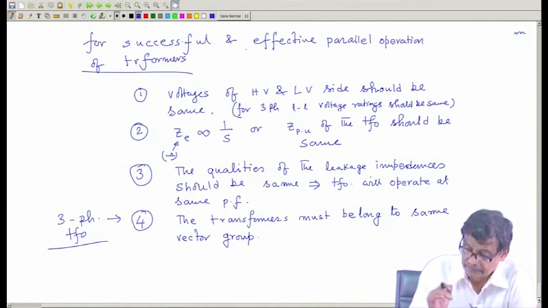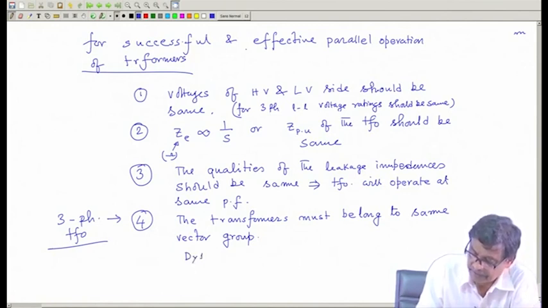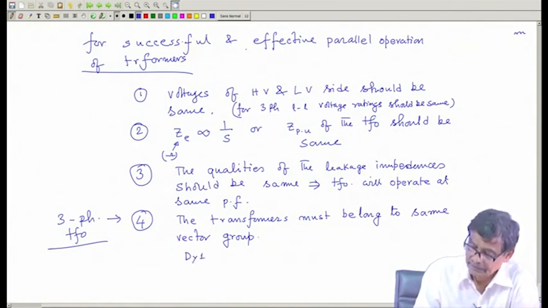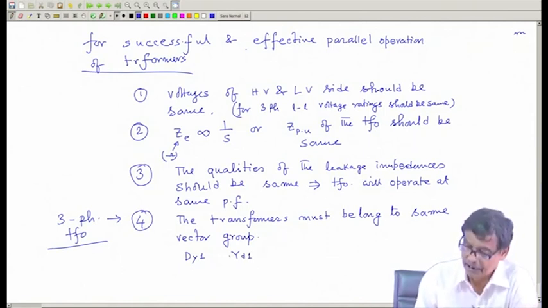This tells me, suppose you have a transformer DY1, the other transformer need not be DY1, but it must be YD1, that is what I mean, same vector group. Parallel operation means line to line voltages are same and they must belong to same vector group.